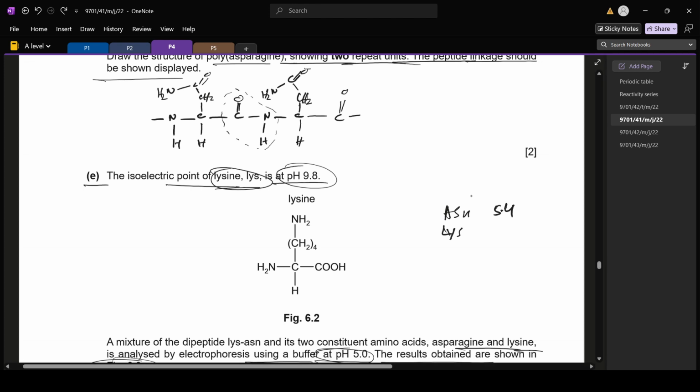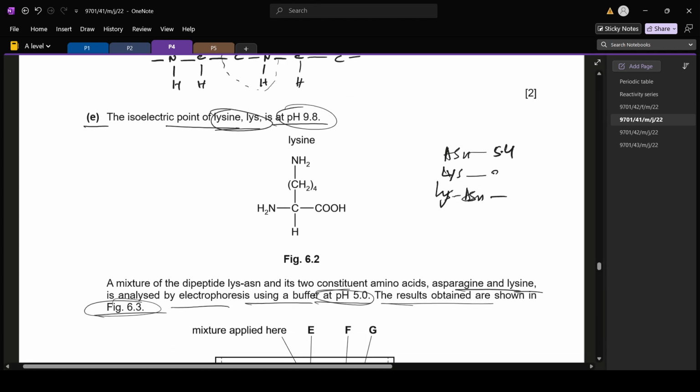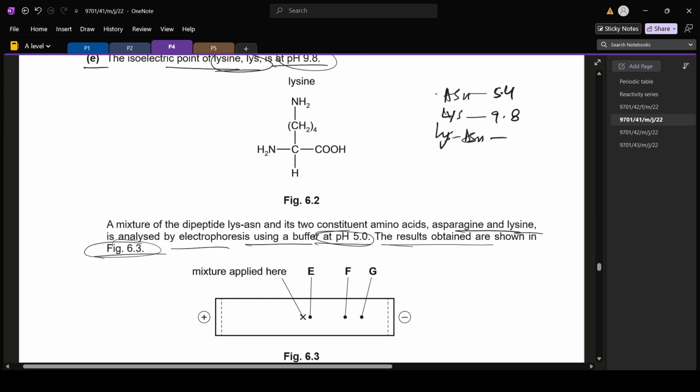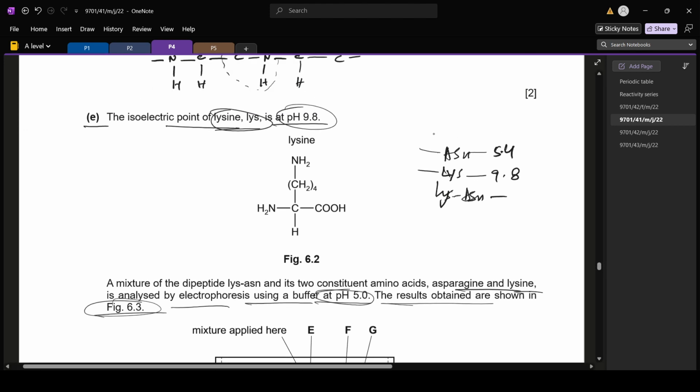And the isoelectric point of lysine is 9.8, and you don't know the isoelectric point of lysaspergine. Okay, and we don't need this, we just have to find which is aspargine and which is lysine, then the third one you automatically know is lysaspargine.